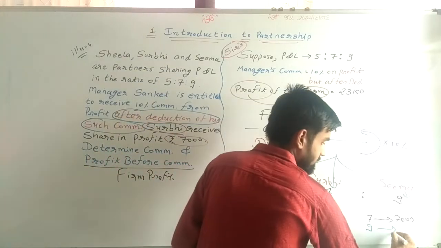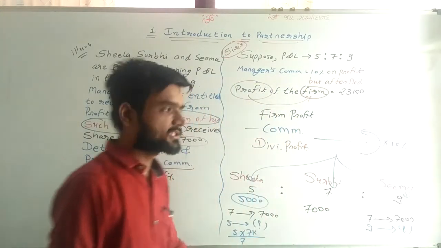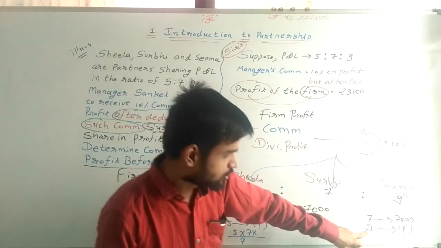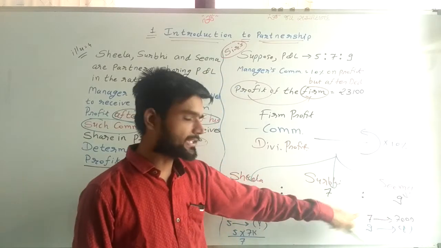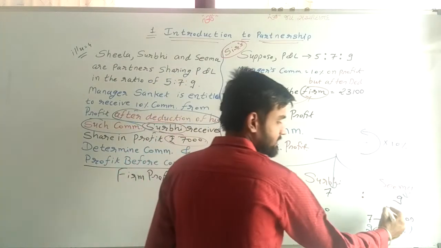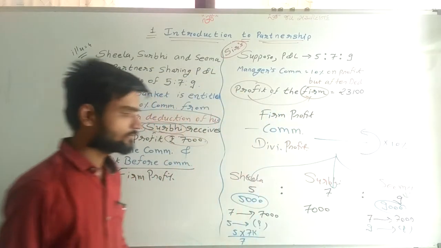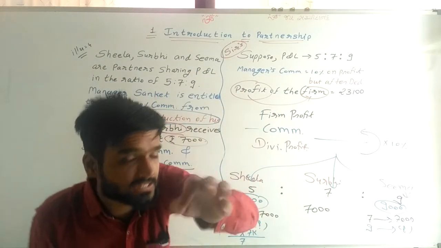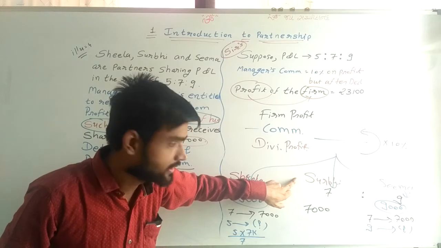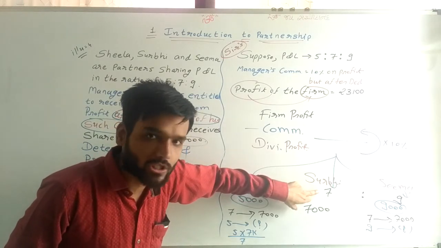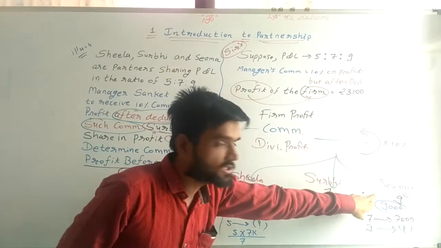So for 9, how many rupees of profit is received by Seema? 9 into 7,000 divided by 7. You will get 9,000 rupees. So on the basis of Surbhi's profit and their proportions, we can find the others' profit.